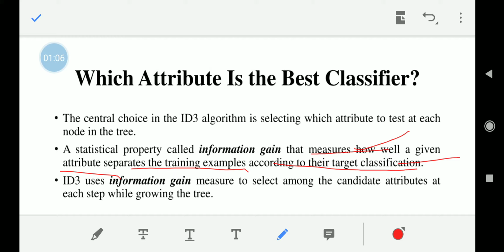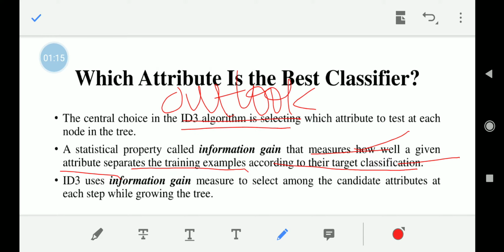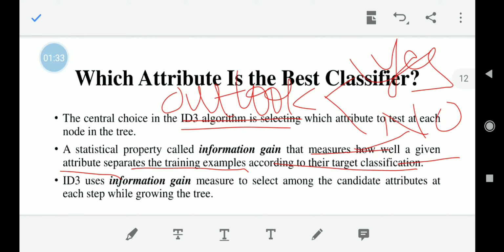Yesterday we have seen, if we take any attribute like outlook, how well this attribute outlook classifies our training examples into target classification. Here yes and no are two classifications, whether on that day he plays the tennis sport or not. That will be measured by the information gain.